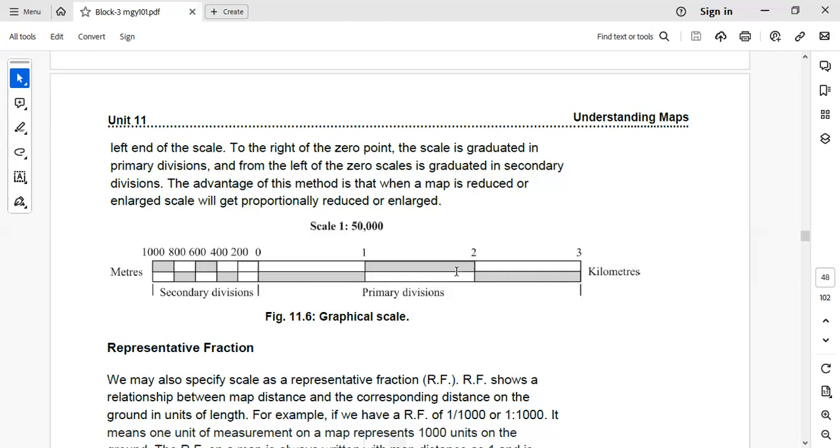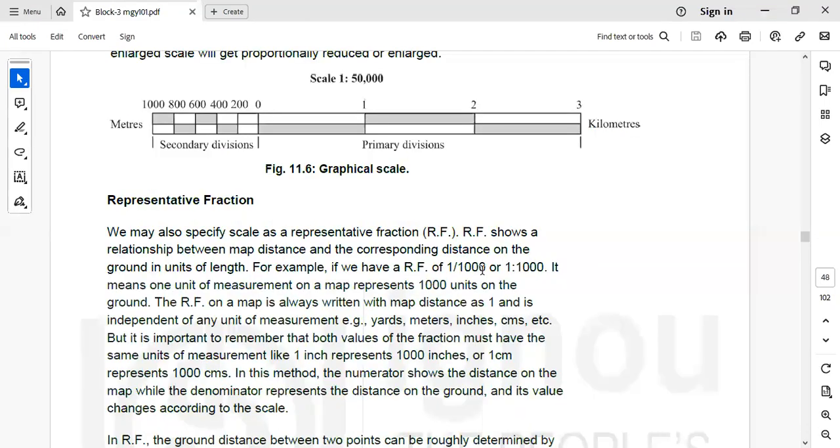If we take the unit as an inch, then 1 inch, and the 1000 should also represent 1000 inches. So it means 1 inch or 1 centimeter distance on the map is equal to 1000 inches or centimeters on the ground. This method of representing the scale is known as representative fractions.